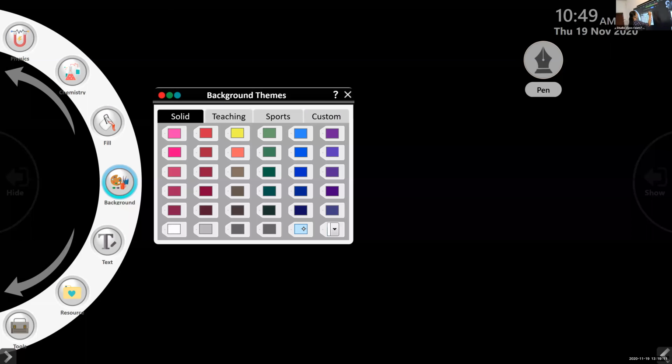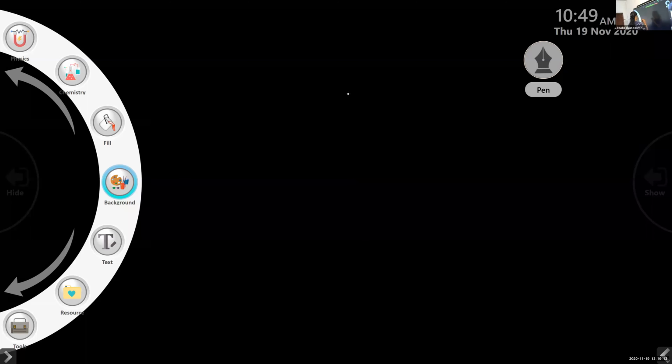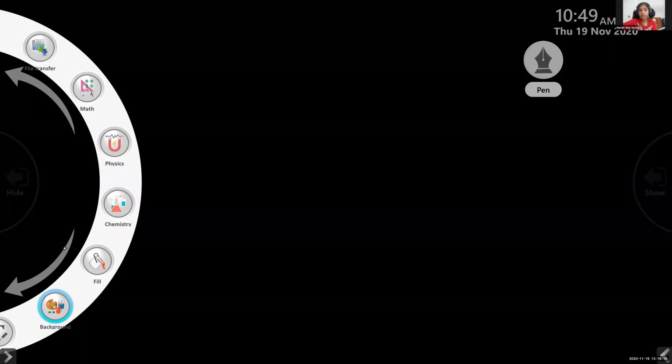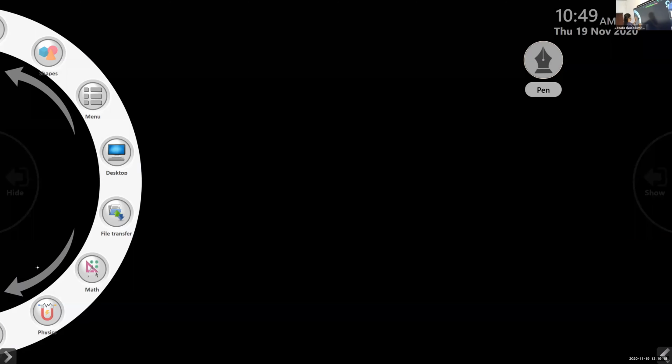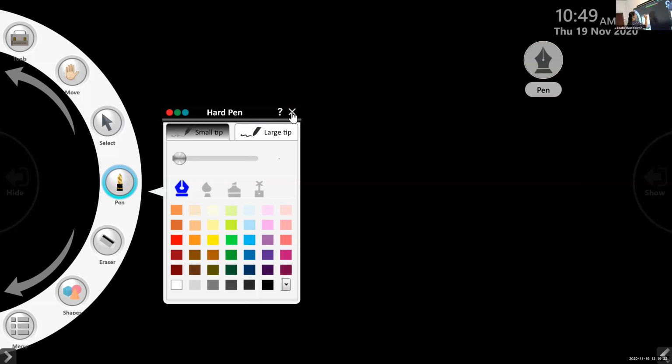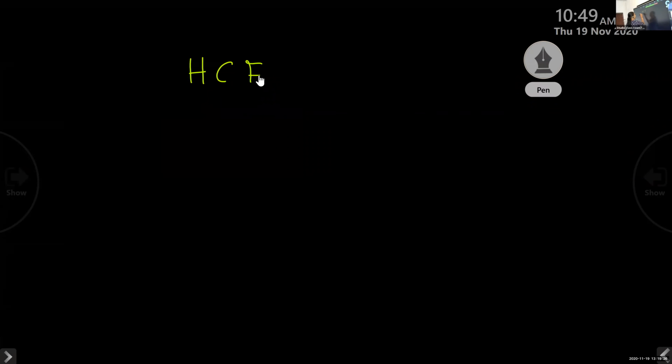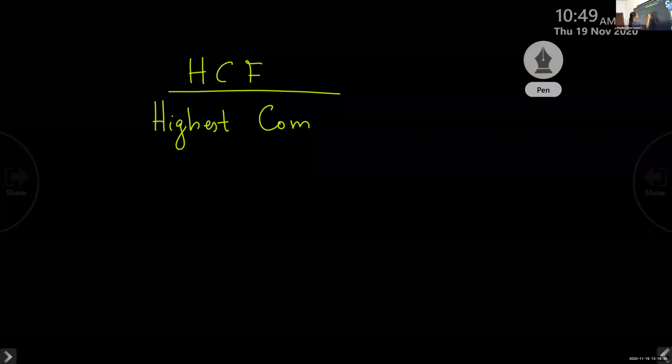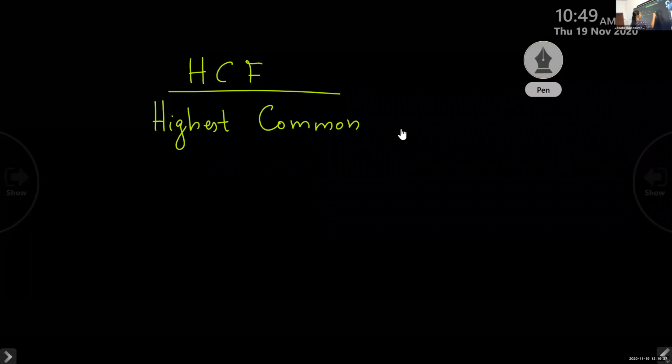So I won't take any other example. I'll take the same homework examples. So write the heading HCF. HCF is highest common factor.